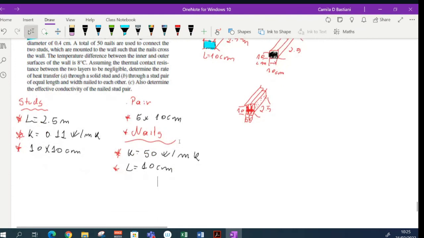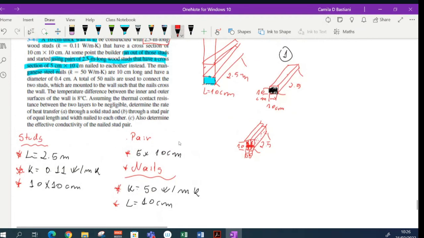I know that these nails have a diameter, so the diameter of each one of those nails here, 0.4 centimeters, 0.004 meter.